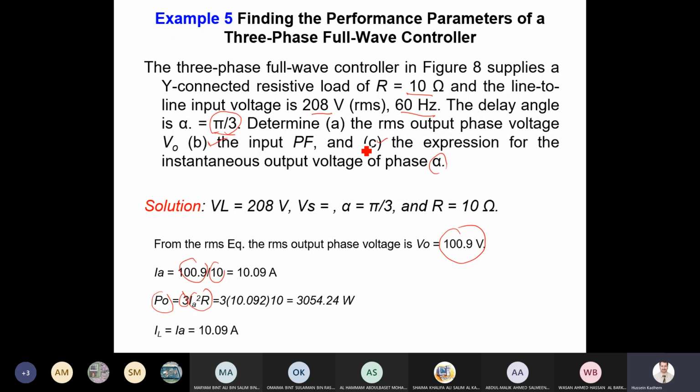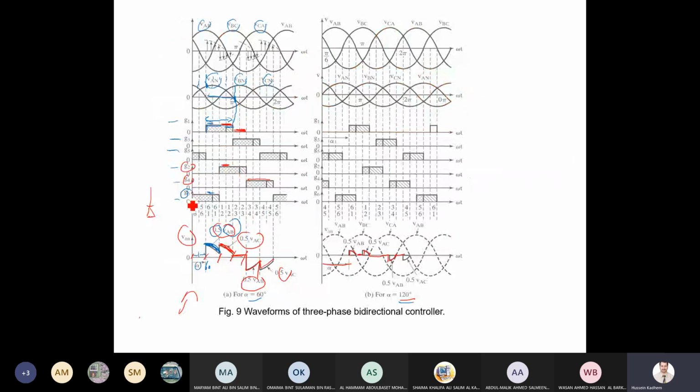Last part, he asked me to find the expression for the instantaneous output voltage of phase A. Now, just a minute. This is the voltage of phase A, as you can see. So, from 0 to 60, the voltage is 0. From 60 to 120, the voltage is this one, which is 0.5 VAB. From 120 to 180, the voltage is this one, which is 0.5 VAC, and so on.